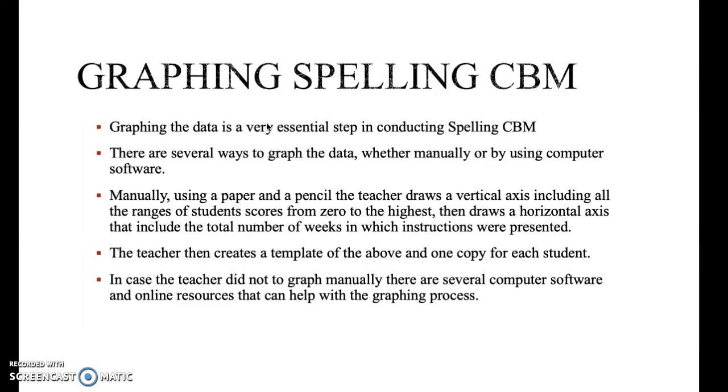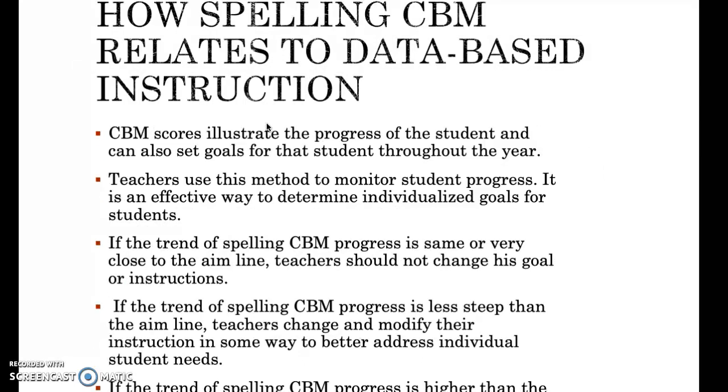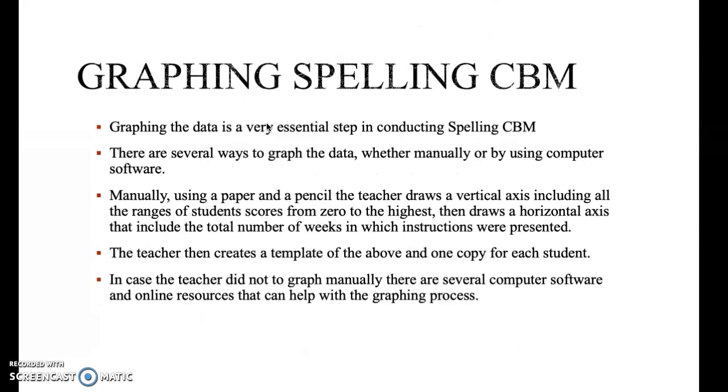Then the teacher creates a template of the above and one copy for each student. And in case the teacher did not graph manually, there are several computer software and online resources that can help with the graphing process.